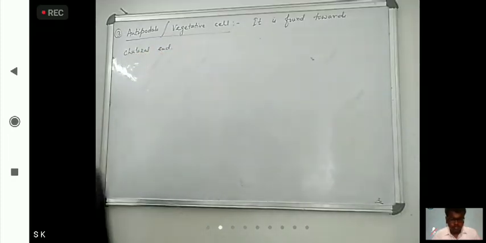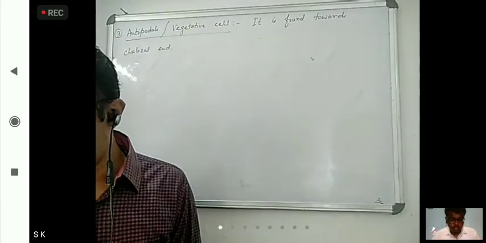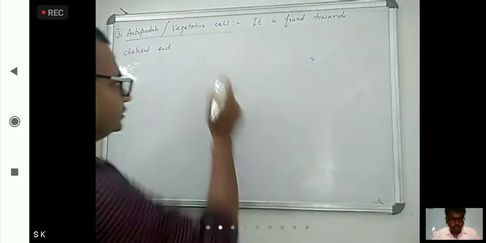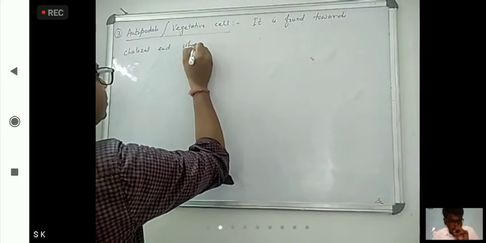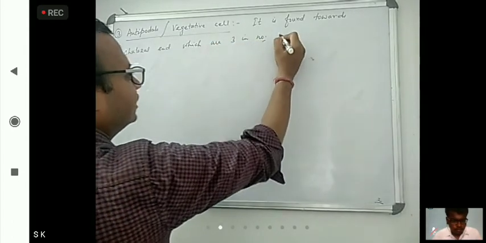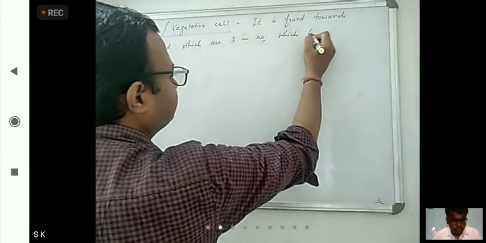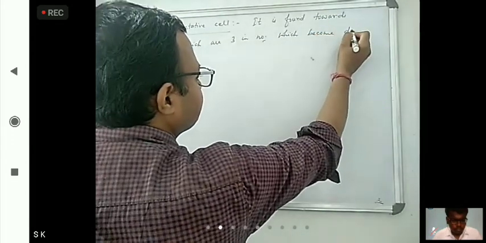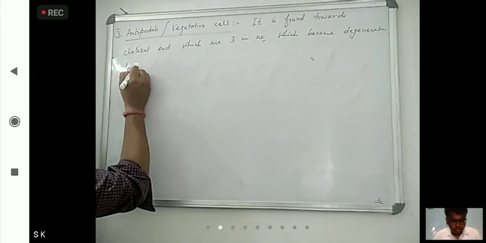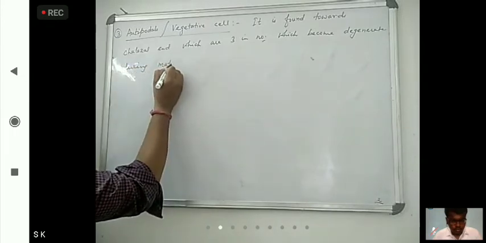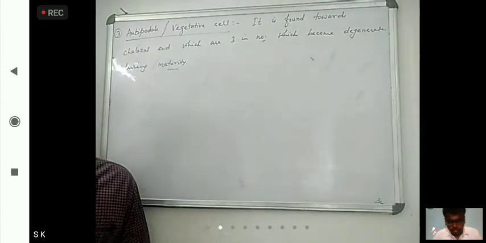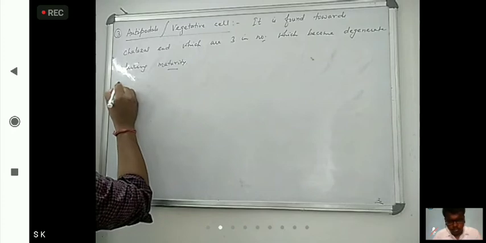These are three in number, which degenerate during maturity. When maturity occurs, then they degenerate.